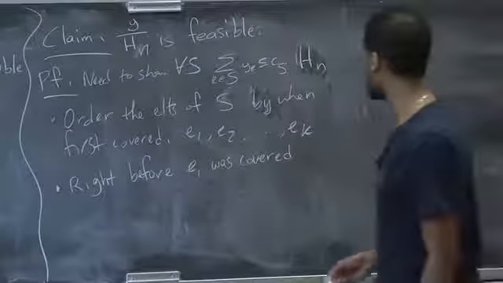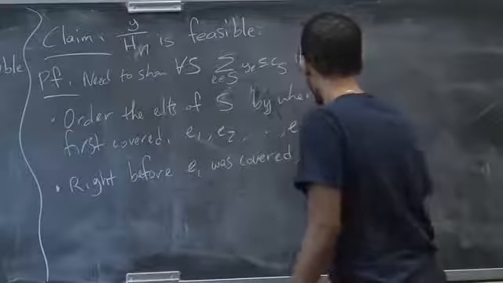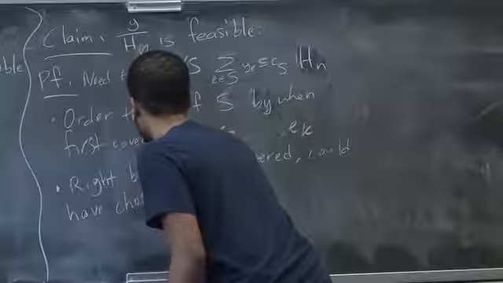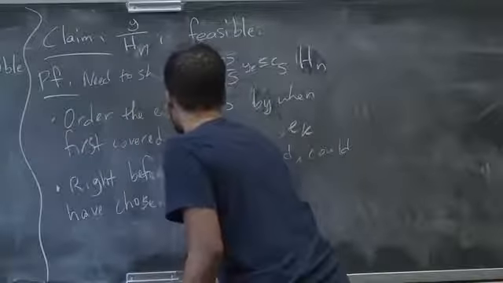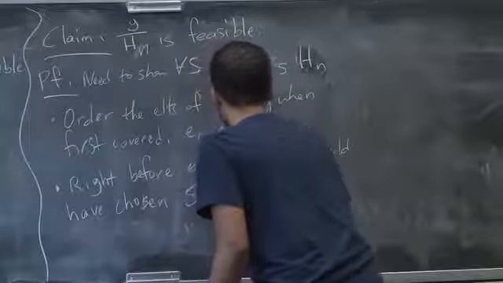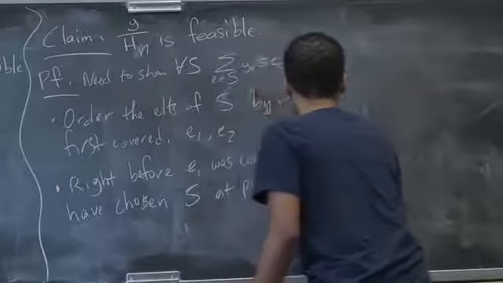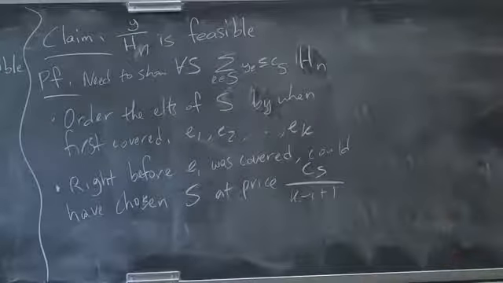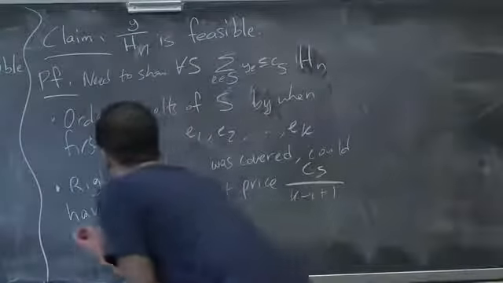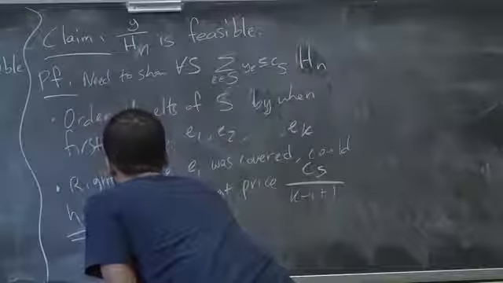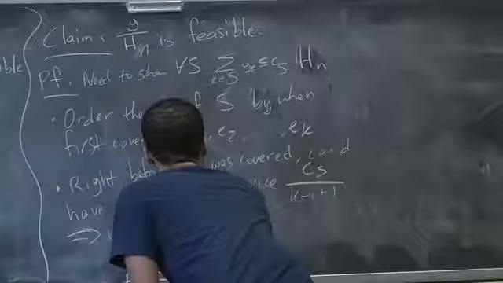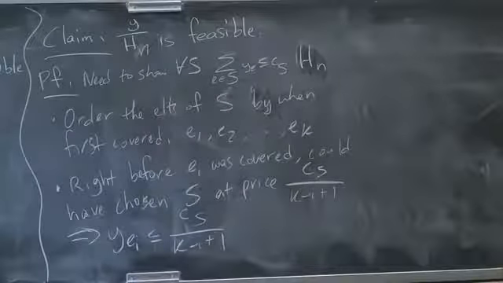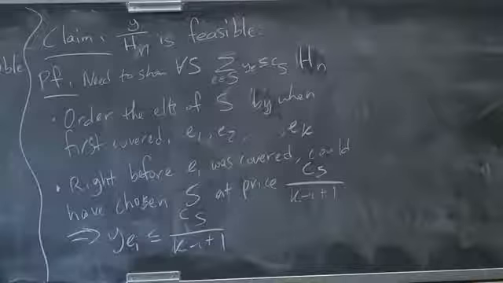Right before e_i was covered, we could have chosen S at price c_S over k minus i plus 1. So we know that implies that the price of e_i is at most c_S over k minus i plus 1, right? That's what greedy does. It chooses the thing that gives us the lowest price.